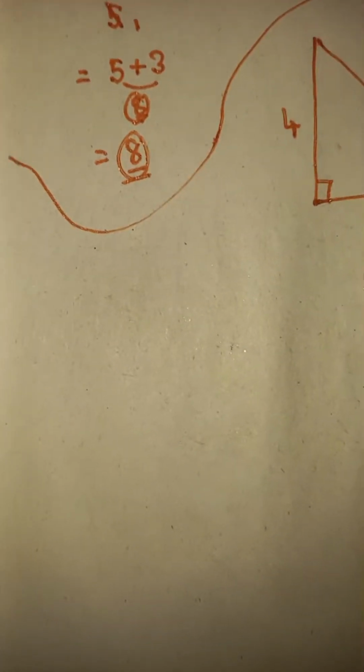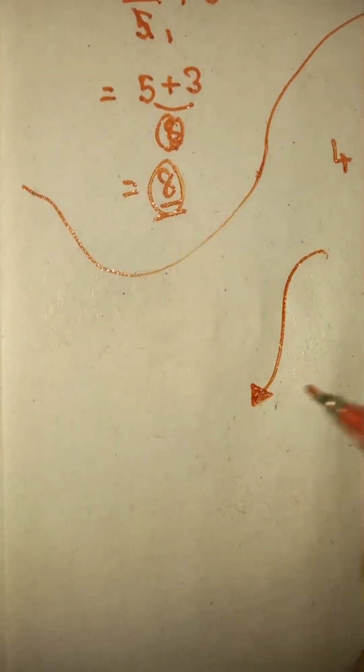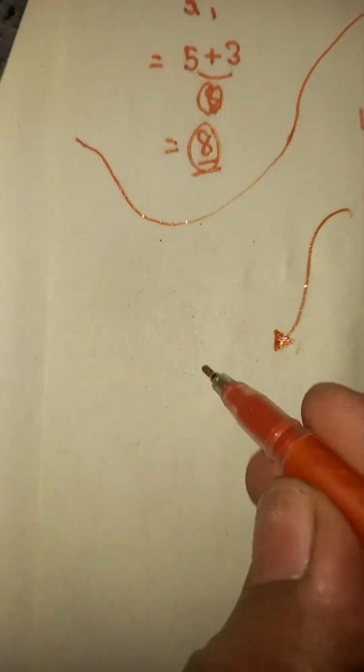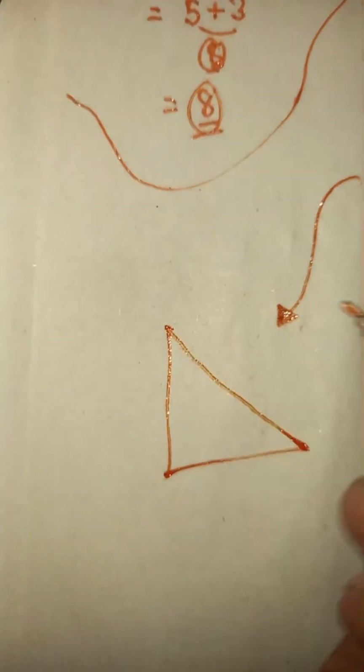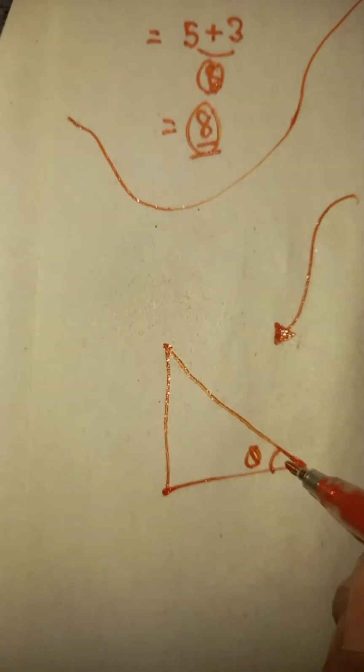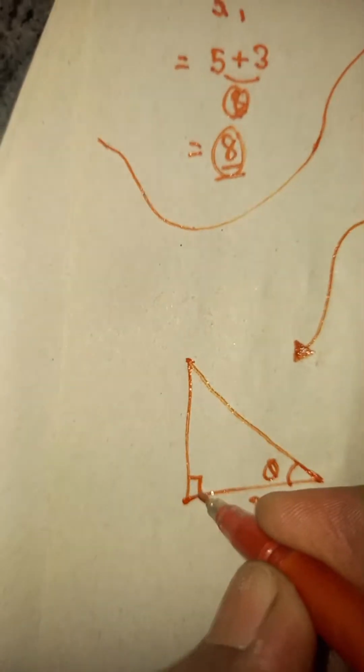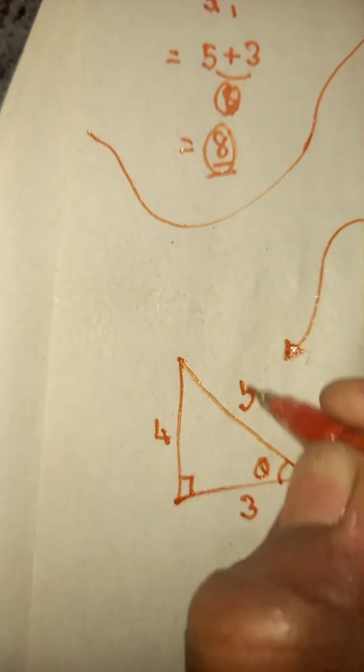Let's find out the trigonometric values of them. Take this triangle again. I will tell the basic trigonometric ratios. Here, if you take this triangle, this angle is theta, and this side is 3 units, this is 4 and this is 5.